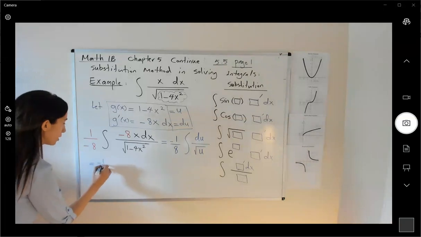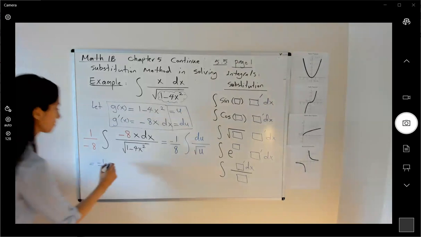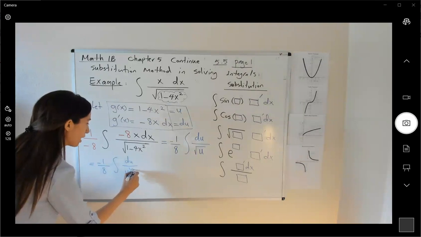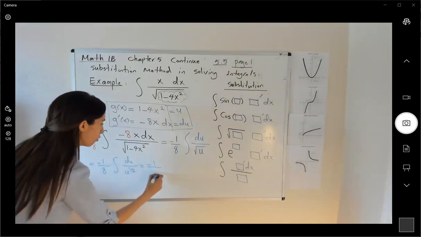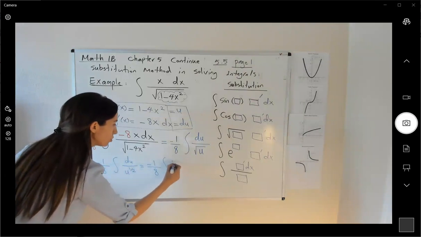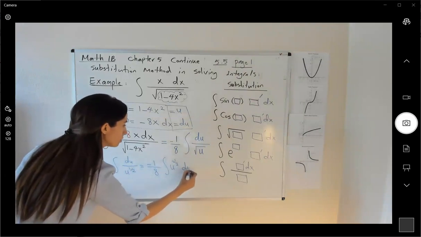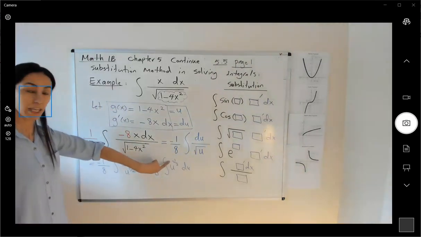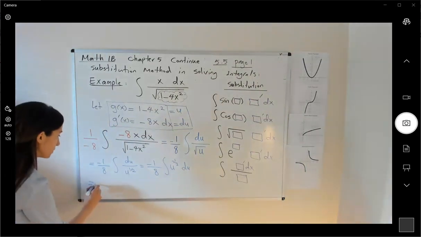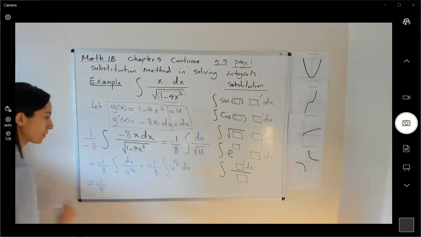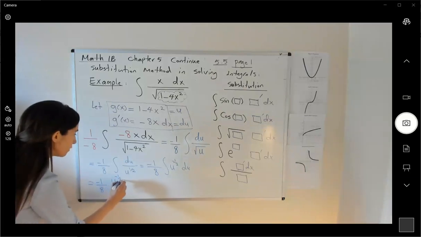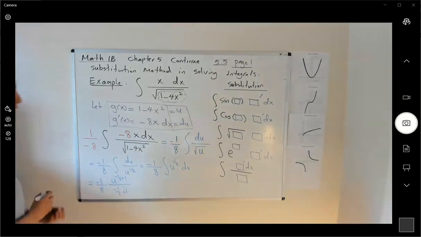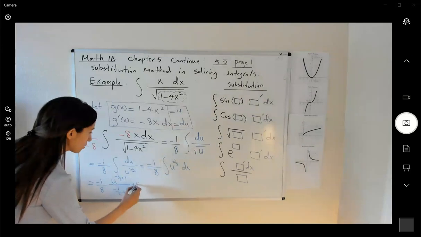This is equal to minus 1 over 8 integral of du divided by u raised to a half, which is minus 1 over 8, the integral of u to negative 1 over 2 du. I have exponent negative a half. This is equal to minus 1 over 8 u raised to negative a half plus 1 divided by negative a half plus 1. Don't forget the constant of integration.